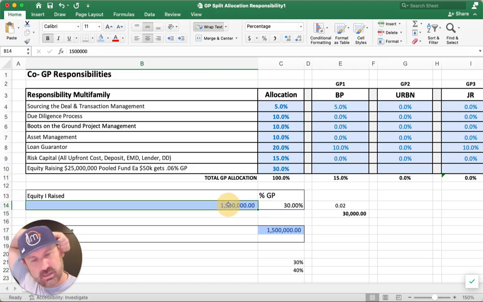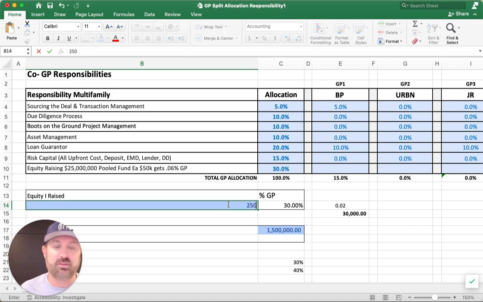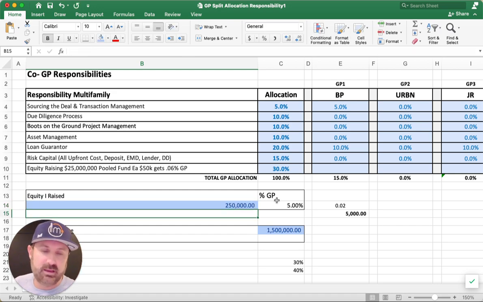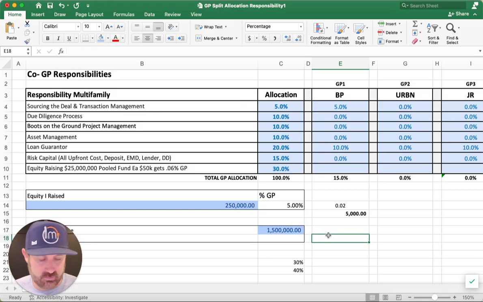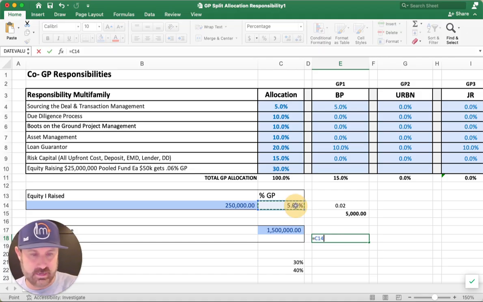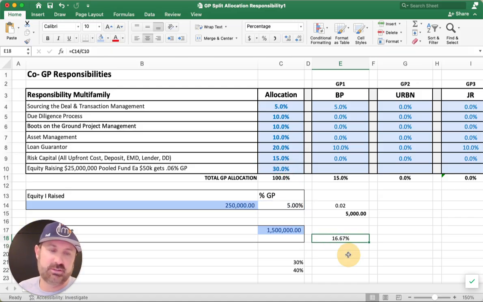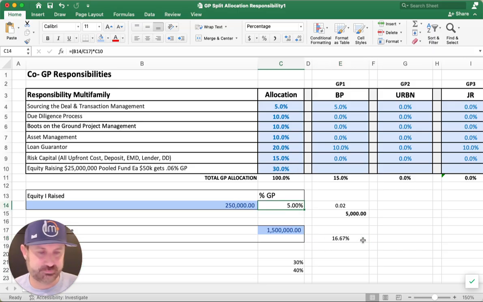So that's 100%. Or if it was $250,000, I'd be getting 5%, which in this case is 5 over 30, what equals, boom, that divided by that. So technically it's 16.7%. But you get the point. You're getting 5 of the 30.